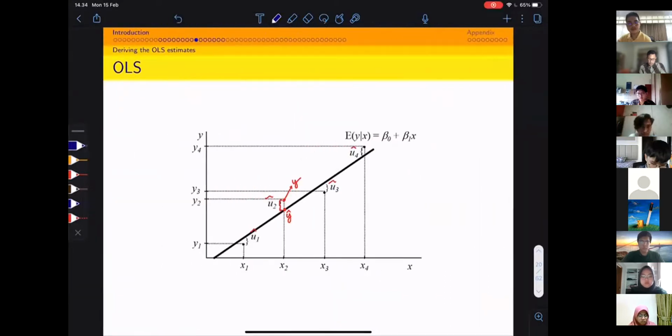just going back to this graph, what we're trying to do is have a line, the solid black line here, such that we minimize the sum of squared residuals. If we don't use that as a criterion to estimate beta 0 hat and beta 1 hat, the line could be like this, or the line could be like this.